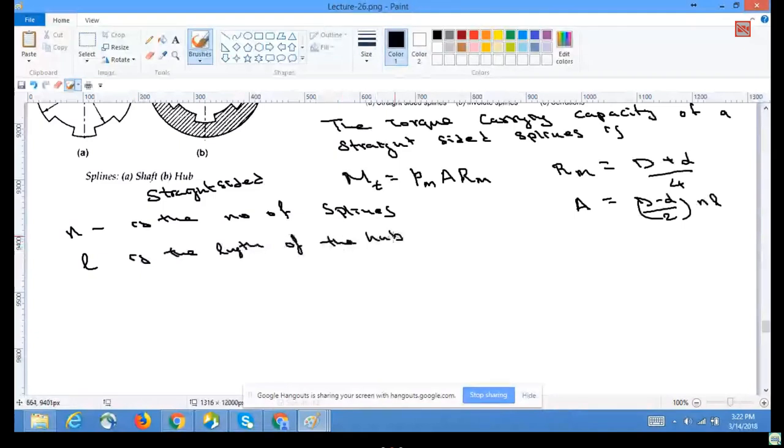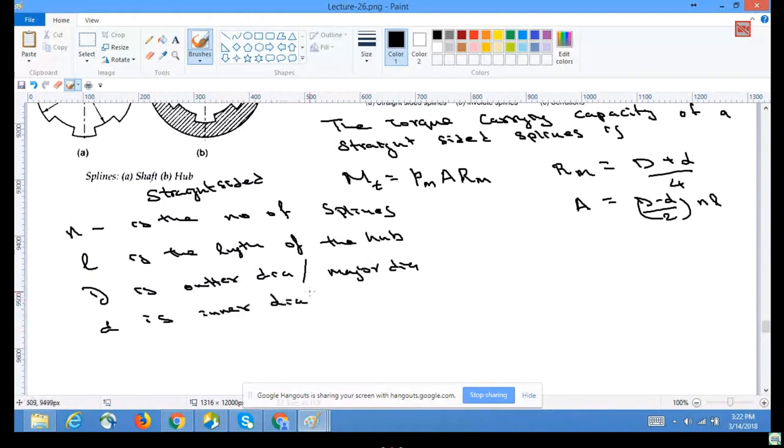D is outer dia or major dia, and d is inner dia or minor diameter.